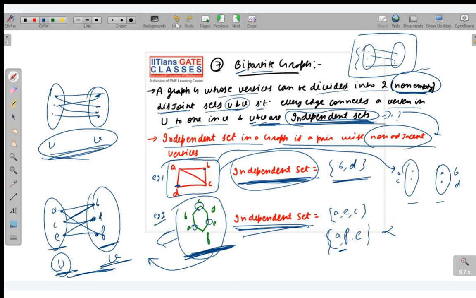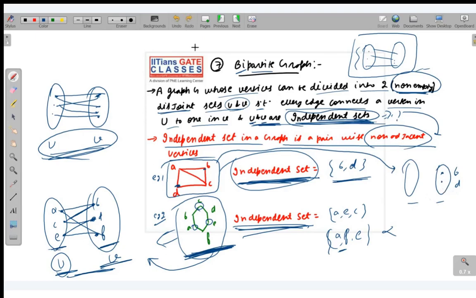Any other way? Can I extend it after BD? Can I put A here? No, because A and B are connected. What is left out? C. Can I put C here? No, because BC has an edge.